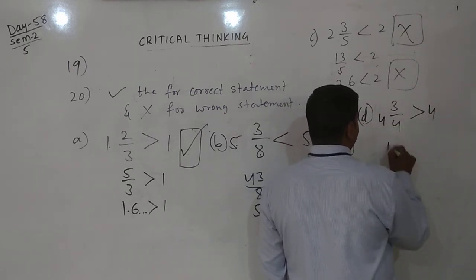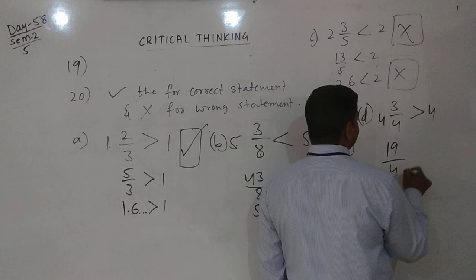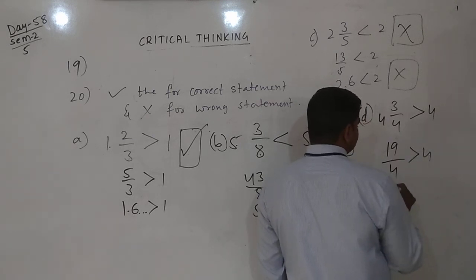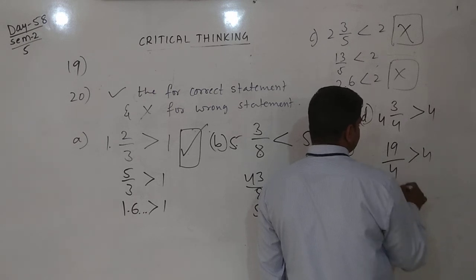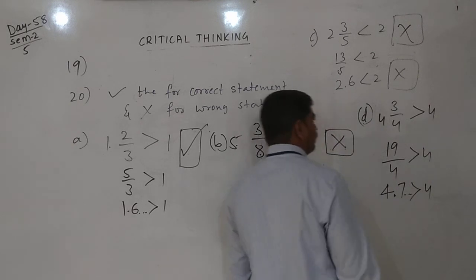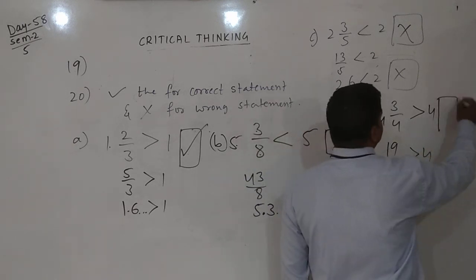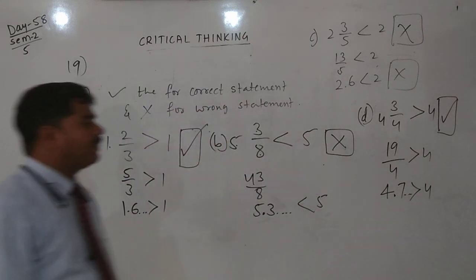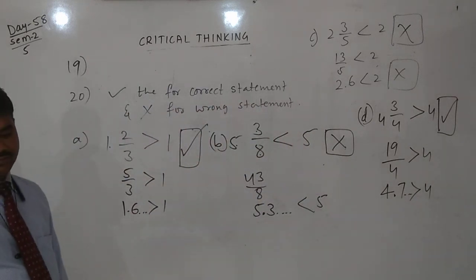How? 4 4s are 16 plus 3, 19 by 4. 19 by 4 is 4.7 something. It is greater than 4 only. Now we can write it is correct. Here it is wrong. Like this we can fill with the correct marks.